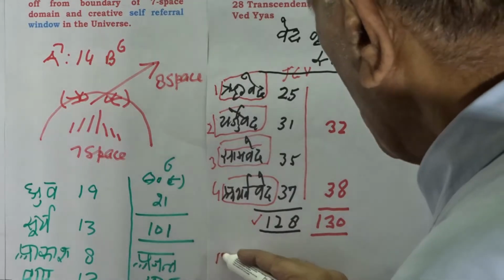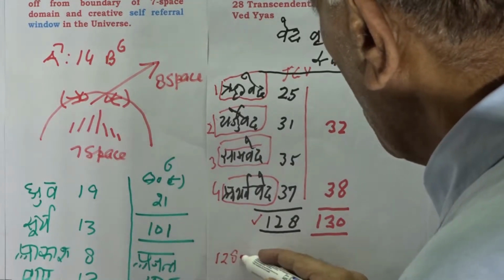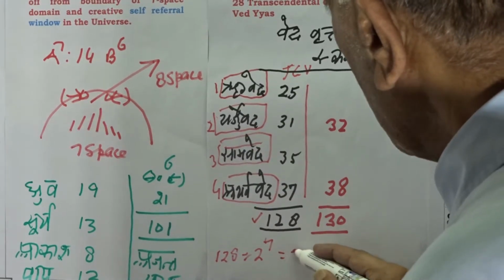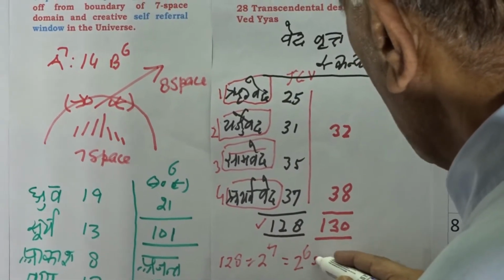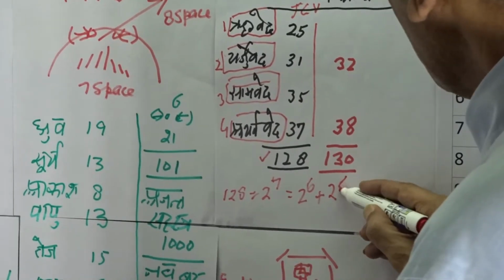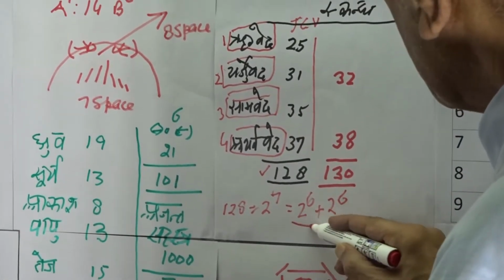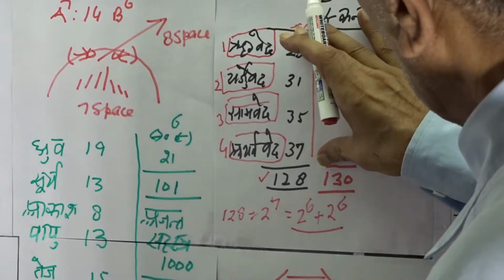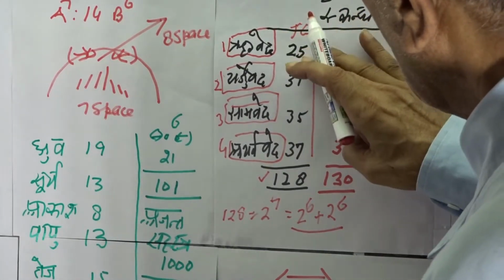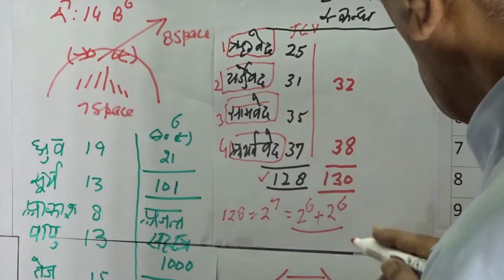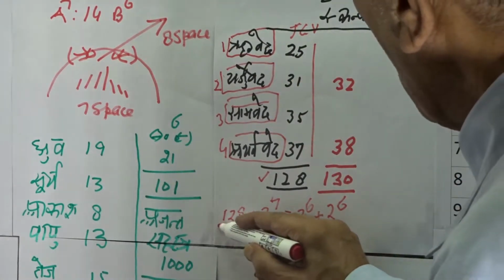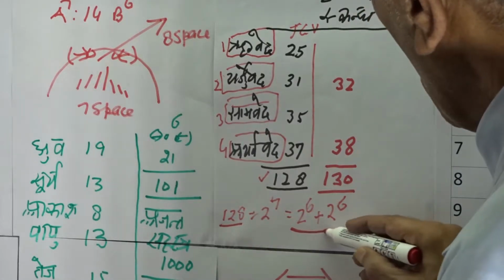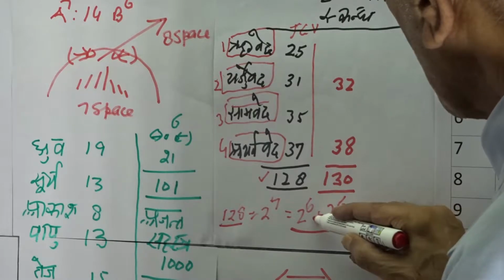We know 128 is equal to 2 raised to power 7. Further, we know it is equal to 2 raised to power 6 plus 2 raised to power 6. As such, we see that these formulations, Rig Veda, Yajurveda, Samveda and Atharveda, are leading us to value 128, which accepts an organization 2 raised to power 6 into 2 raised to power 6.